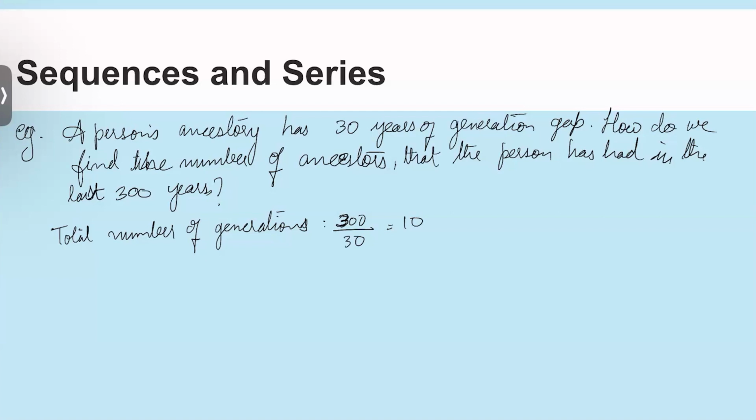Okay. So now in every generation, there must be a certain number of ancestors that have been present. So suppose your first generation, where we are trying to calculate, maybe these were the first ancestors of the person that we are talking about. So for the generation to start, you will need two people. Okay. And then with respect to the second generation, now this person might have multiple kids.